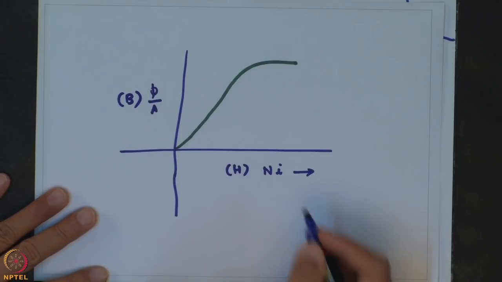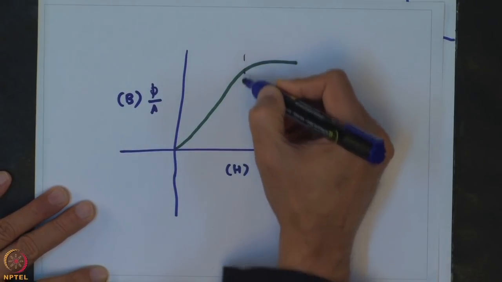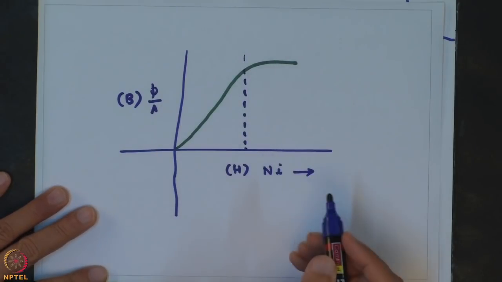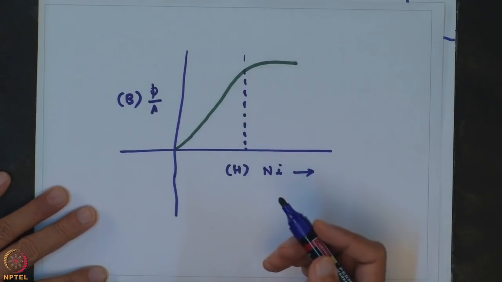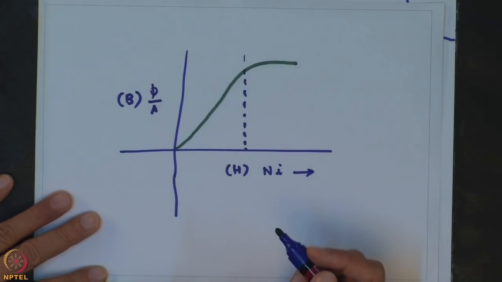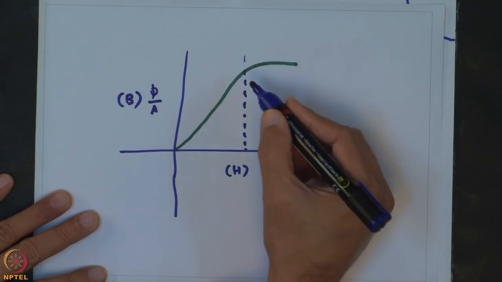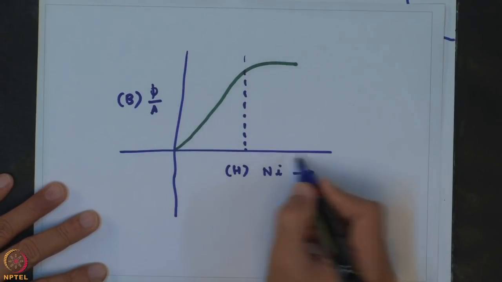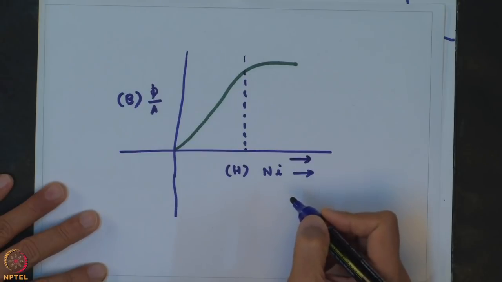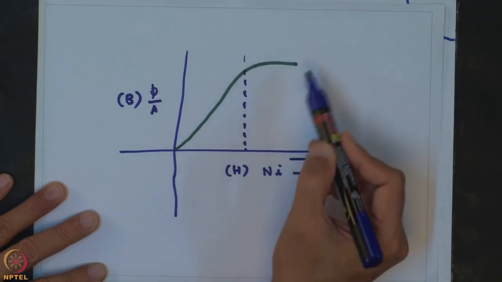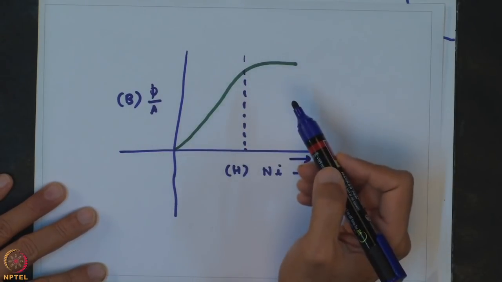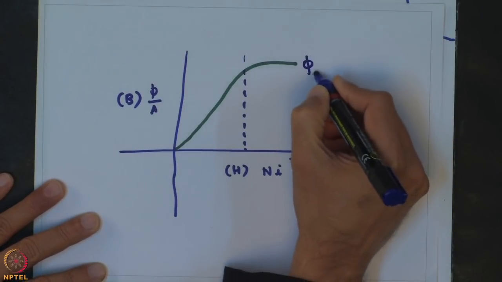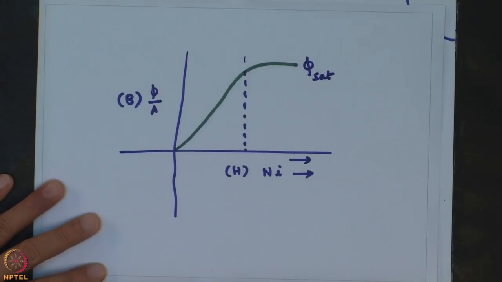So, what we see on the curve is that after a certain threshold value of the current, assuming that the number of turns and the dimensions of the core are fixed, the flux phi saturates. No matter how much we increase the current after that, the flux does not increase. It remains at its saturation value, which we can denote as phi sat.